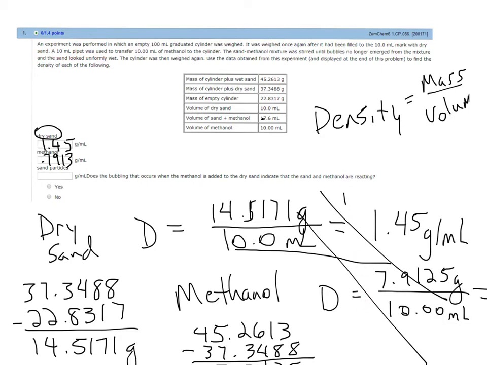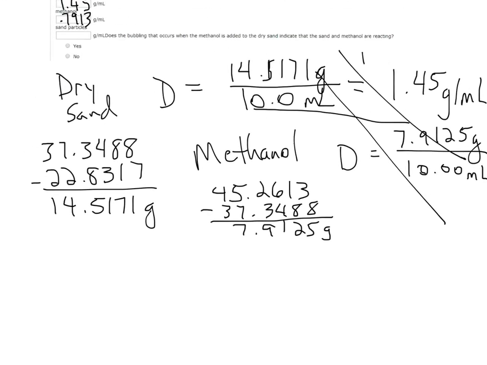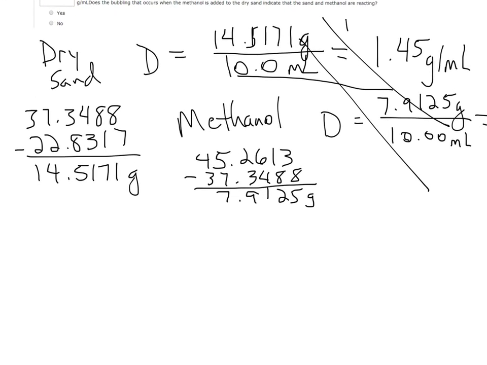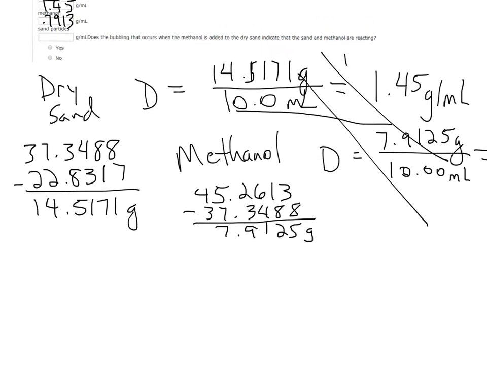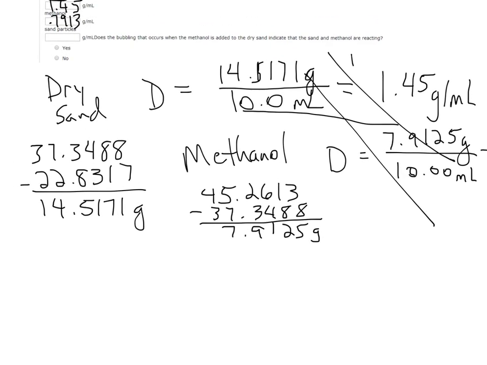So when they say sand particles, they mean use the data for dry sand except ignore the bubbles. Your mass is going to be just the same as with dry sand.